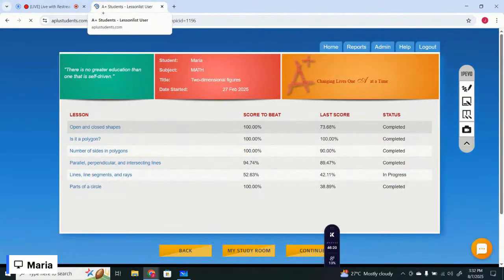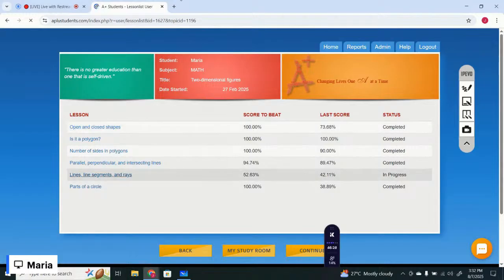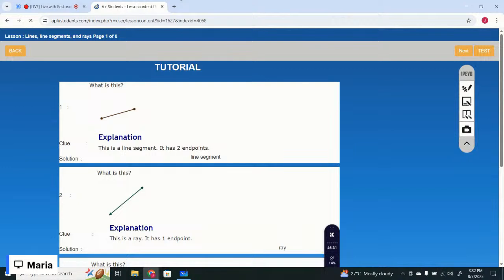The next lesson is line segments and rays. What is this?